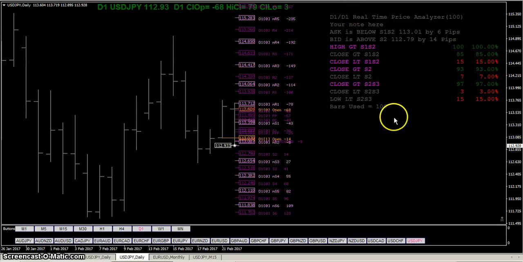I'm not really using this as a scalp indicator, though if you want to drop down to the hour and see what it's doing, you can. But at that level, I use other indicators. This is more of a long-term, what are my odds indicator.